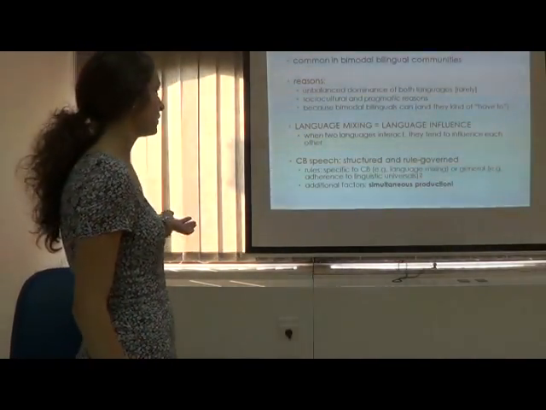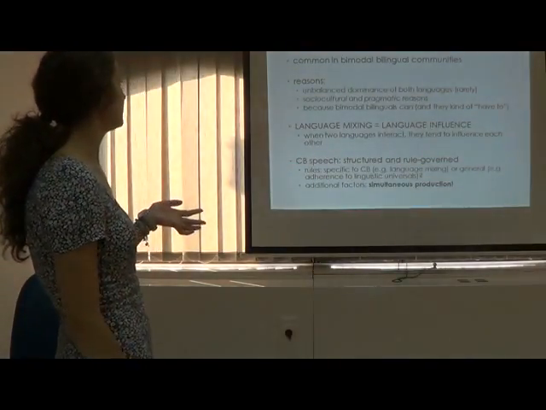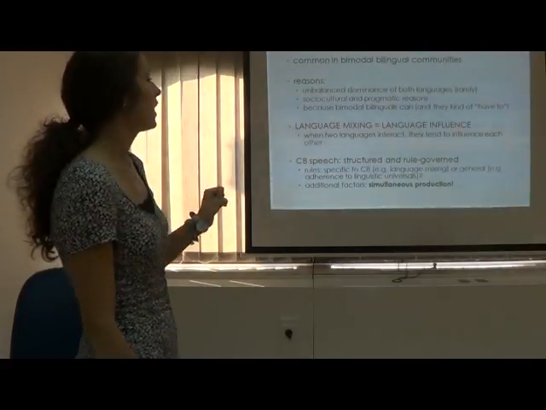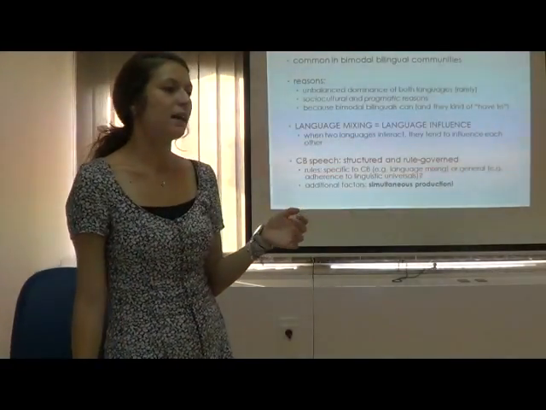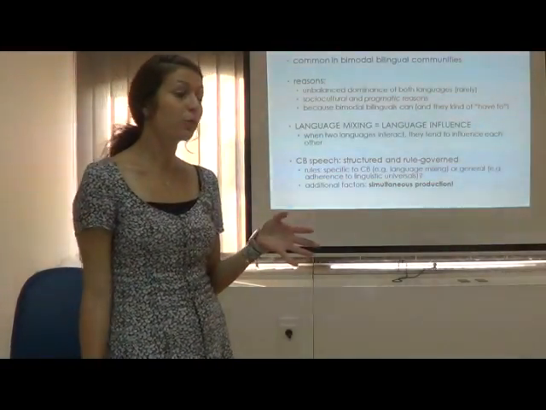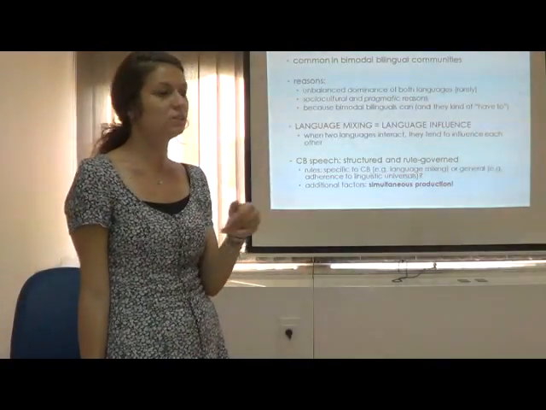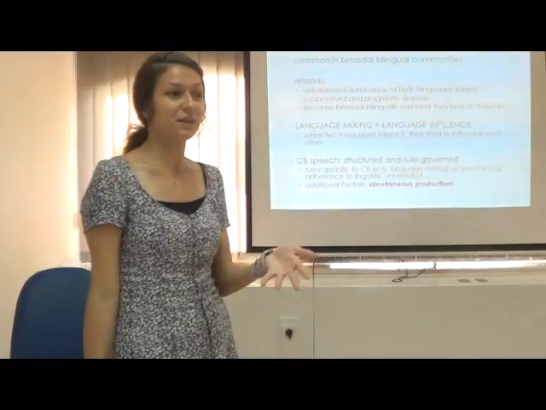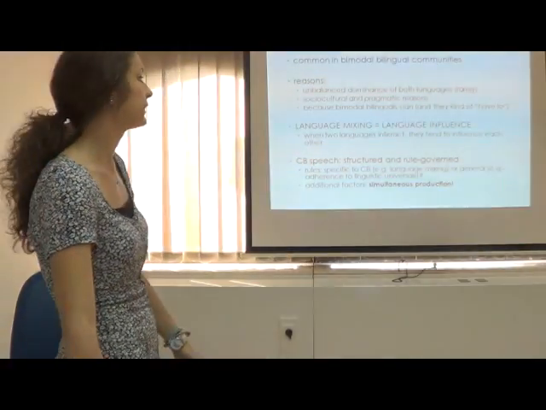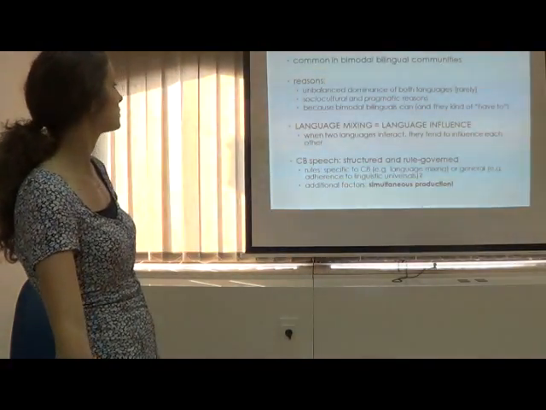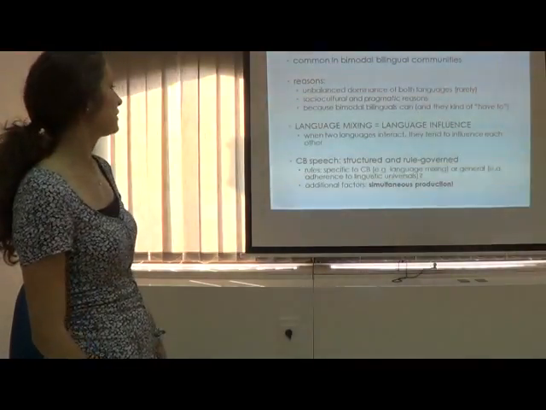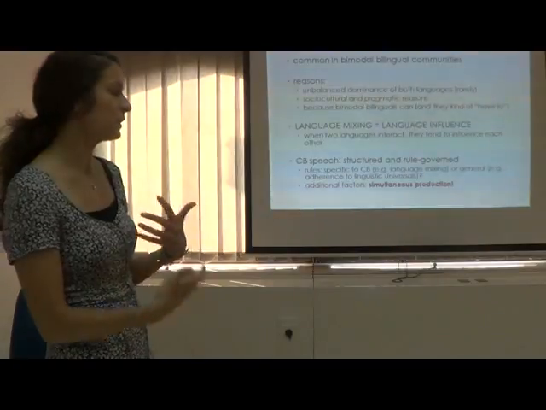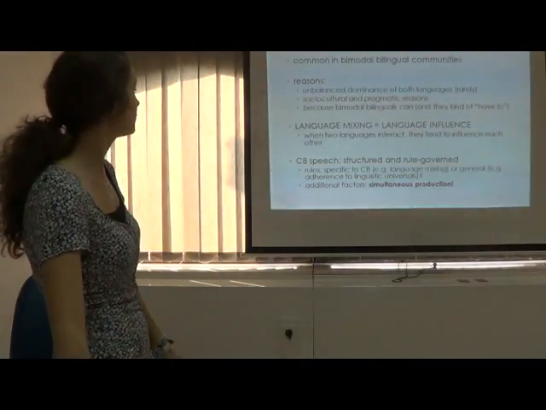Again, sociocultural and pragmatic reasons, and because they can and they kind of have to, in the sense that it's been proven that it's easier to blend than to not blend. So they don't really have to, but it's easier for the bilinguals to use both languages. Again, where there's language mixing, there's also language influence, so we're going to see some of the influence between the two languages.